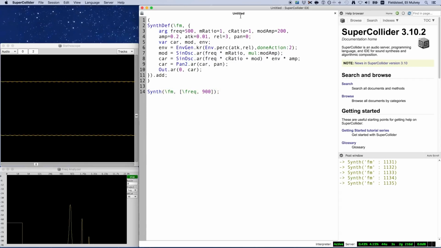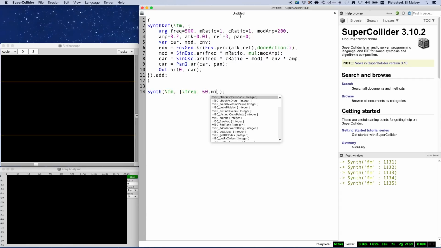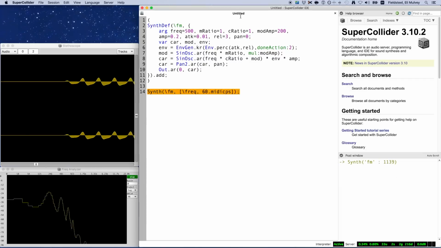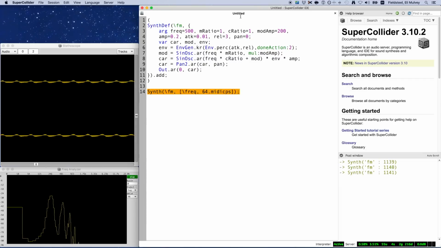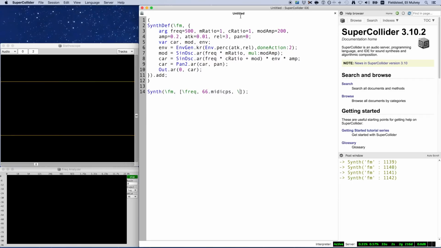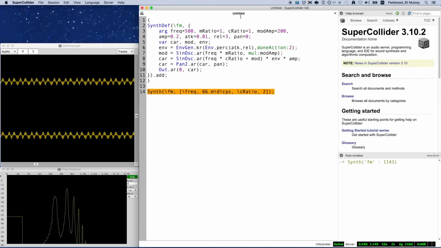Which means, if we want, we can think about pitch in terms of MIDI note numbers instead of cycles per second. So now, let's see what happens if we increase the carrier multiplier incrementally by integers.